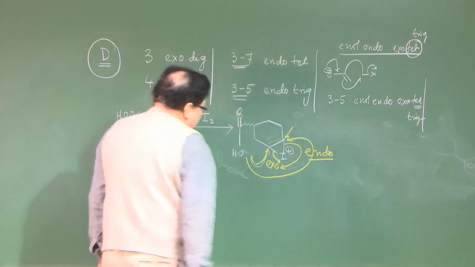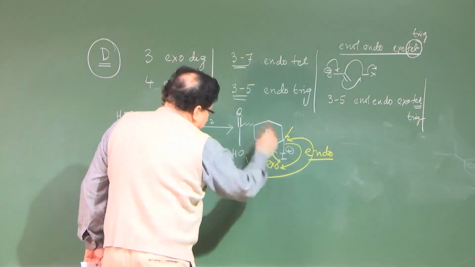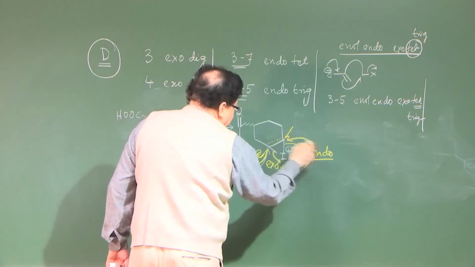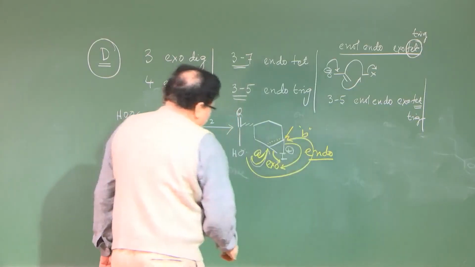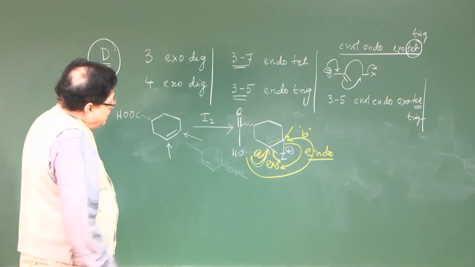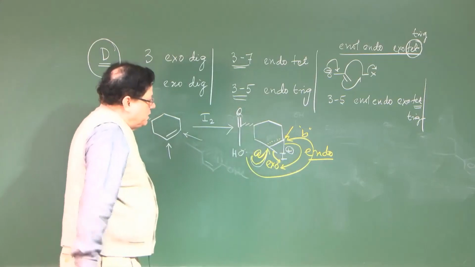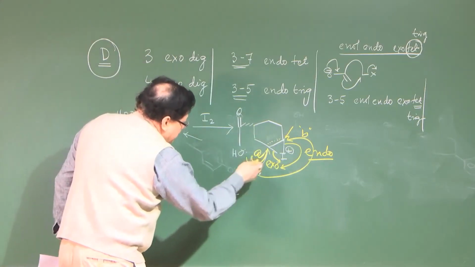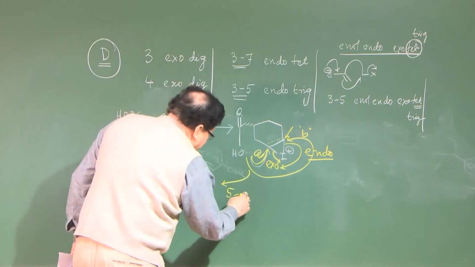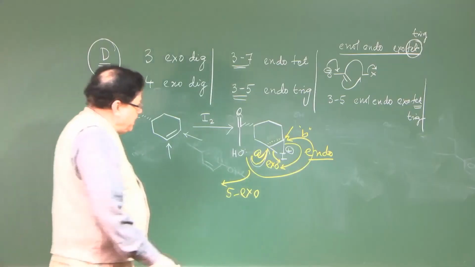Okay. So, now you define these two processes. Suppose this process is process A and attack at this carbon is process B. Okay. So, for process A, the size of the ring is 1, 2, 3, 4, 5. So, that is 5-exo-tet, because I have told you that is actually exo.